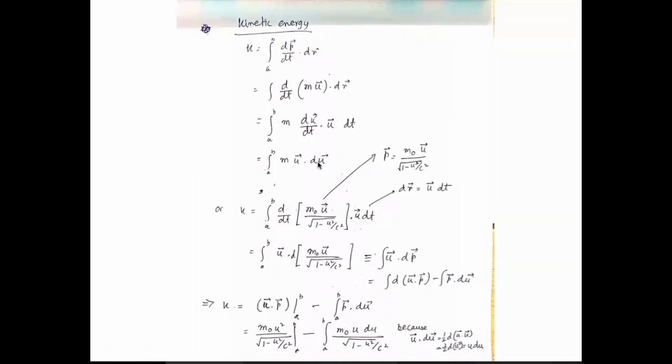Now this u·du can be simplified, so that u·du becomes u du. From there, you can find the classical relation that the kinetic energy of the motion from point A to point B is simply half m u_b square minus half m u_a square.